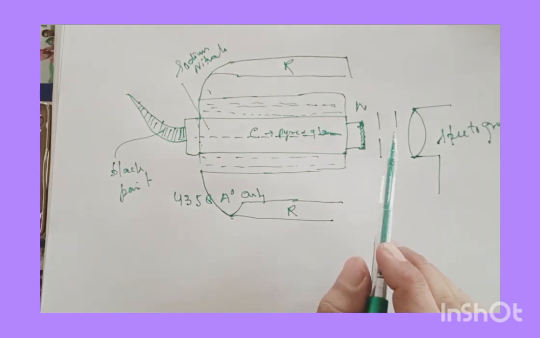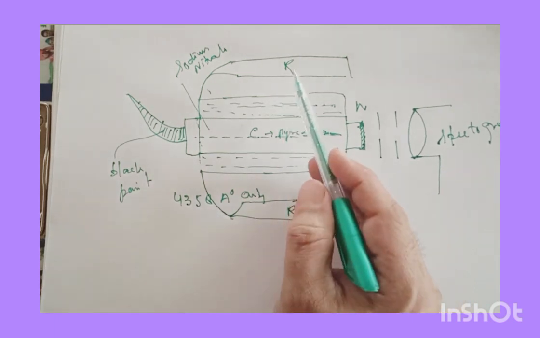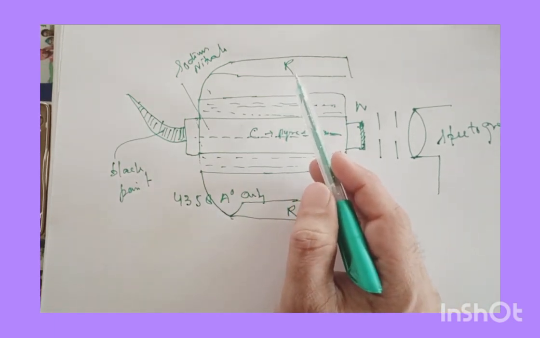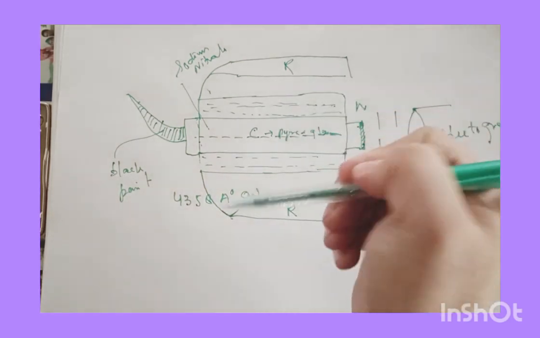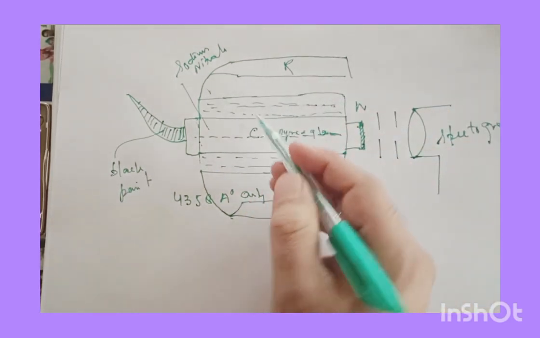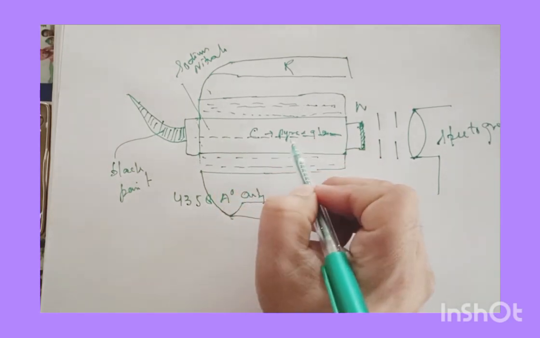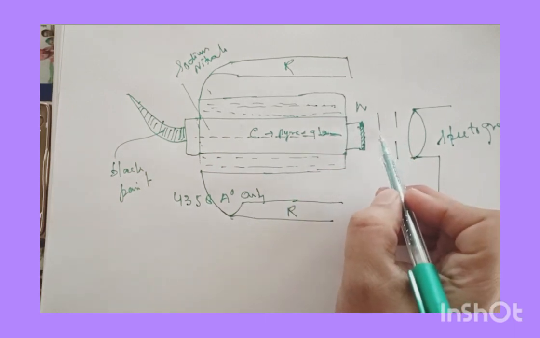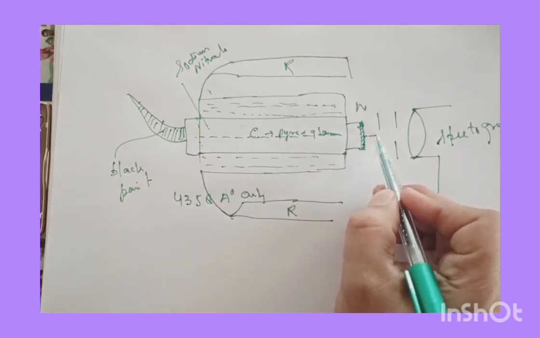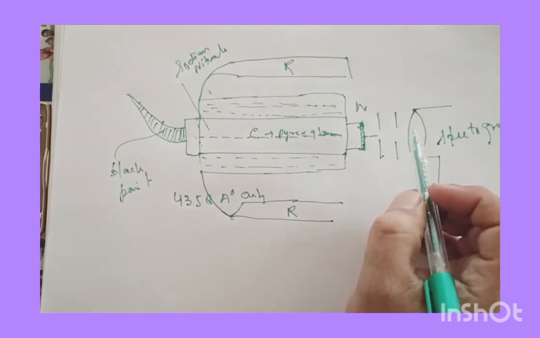The reflector around this tube C increases the intensity of the light that focuses on the tube, and the scattered light is focused at the slit of the spectrograph.